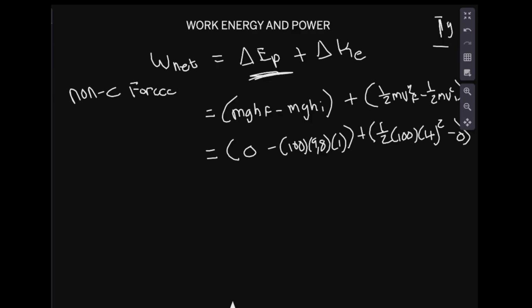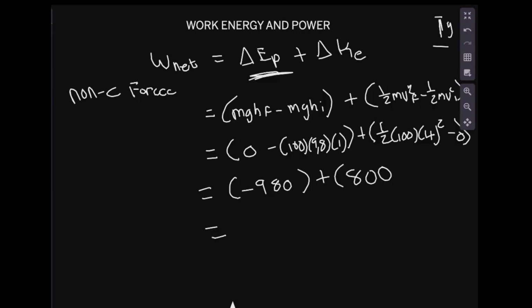Okay. Then what we have here, we have 100 multiplied by 9,8, which is negative 980. We add that to a half multiplied by 100 multiplied by 4 squared, we add that to 800.